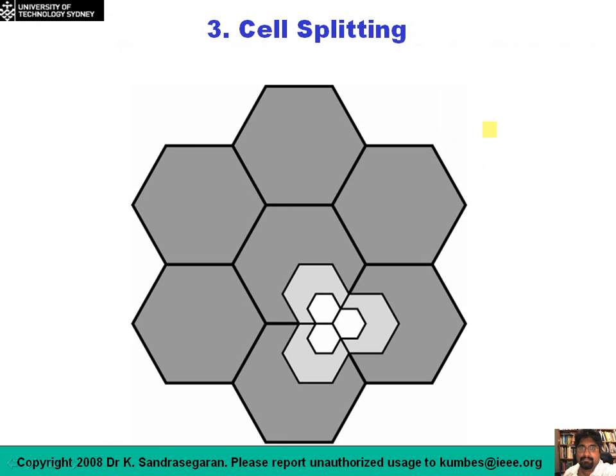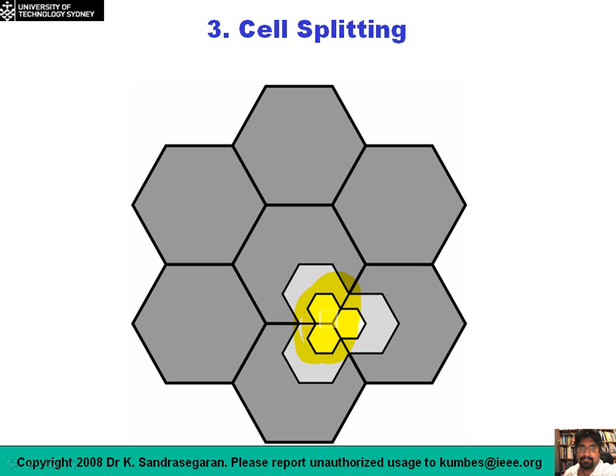Okay, the third way that you can increase the capacity is by using something called cell splitting. So what you may have is, if this 7-cell pattern was the original pattern that you started off with, and then you found out that in this area here, which has now been highlighted, there are more and more calls being made.